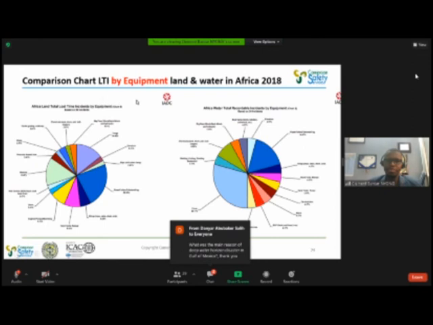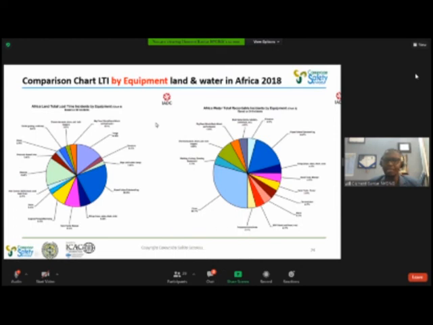If we take a comparison chart also by equipment, which equipment are mostly causing a lost time injury, we have the pipes, because onshore pipes are mostly used during drilling. They make up part of the drilling string. So either they are being connected or disconnected, people come in contact with pipes.